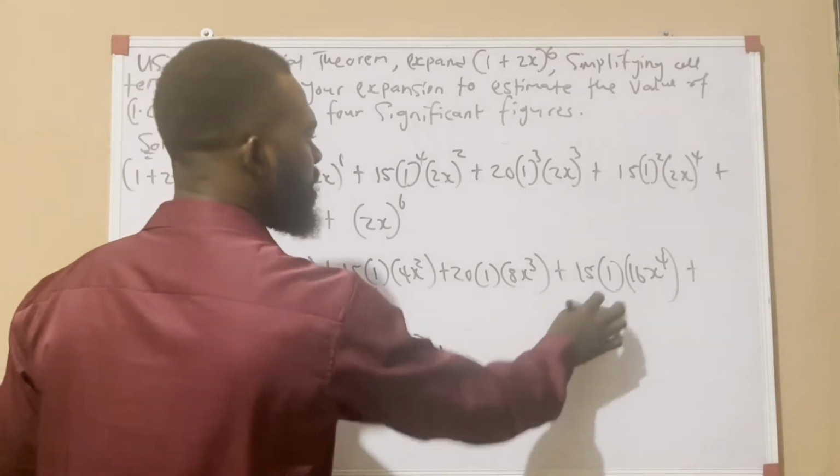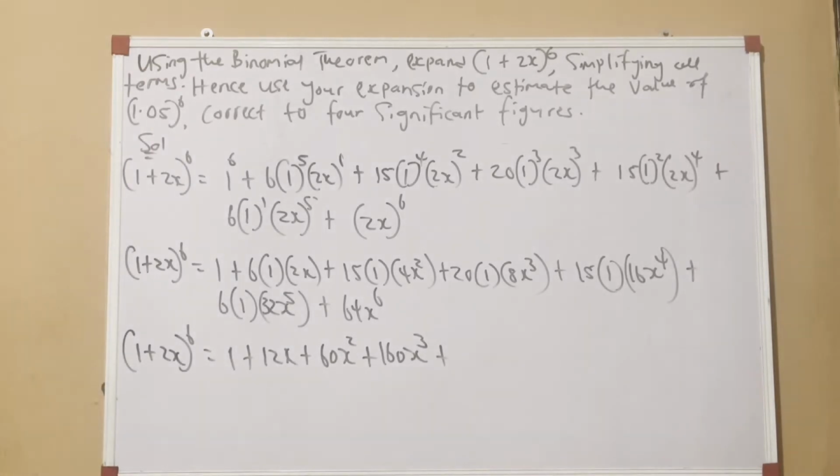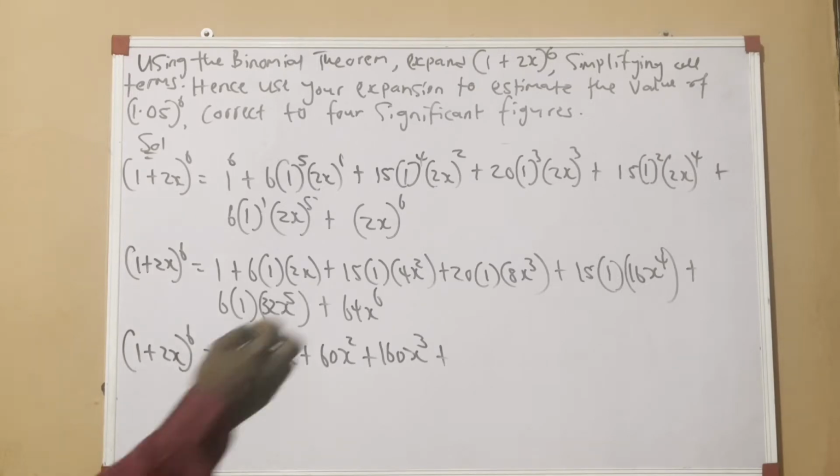Plus 15 times 1 gives us 15, and 15 times 16 gives us 240.